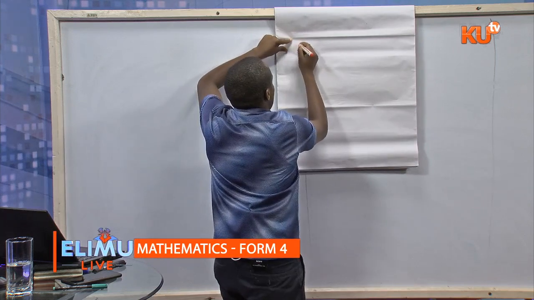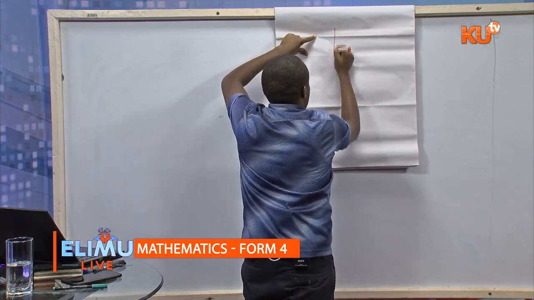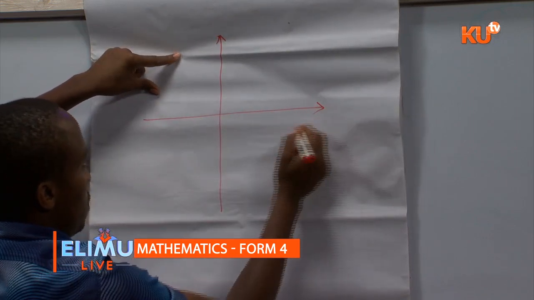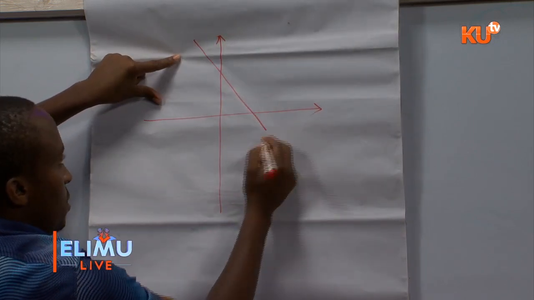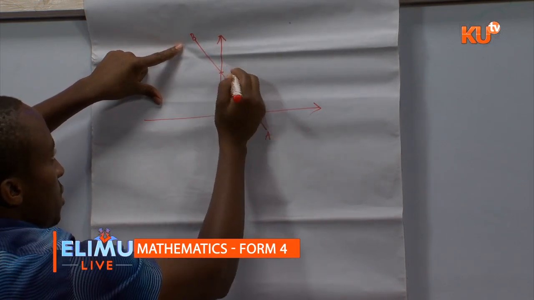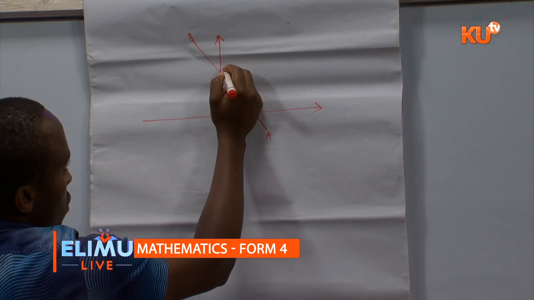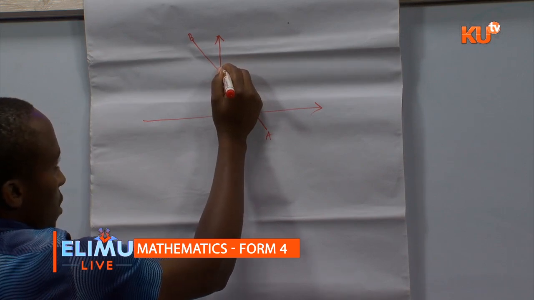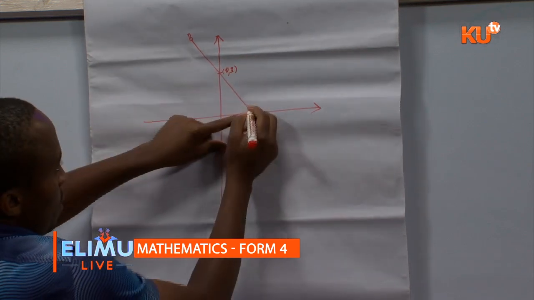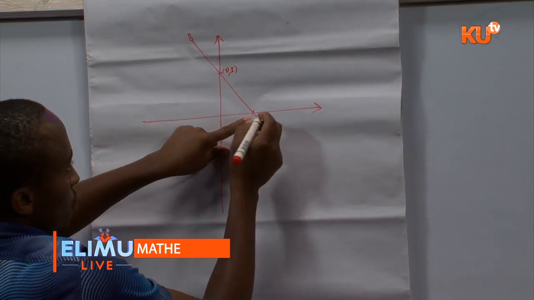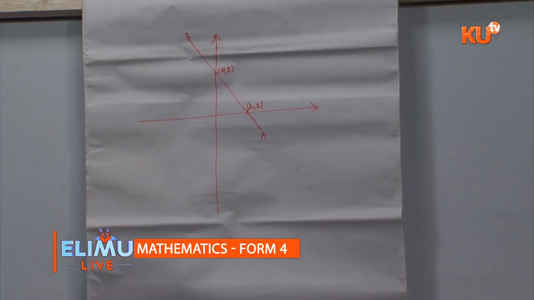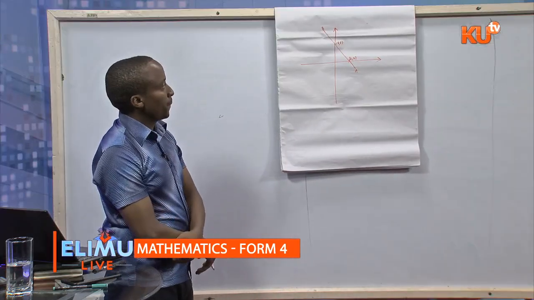Given this Cartesian plane, we have this line AB. This is point 3, so this is (0, 3). This is point (2, 2). We want to find the equation of that line.